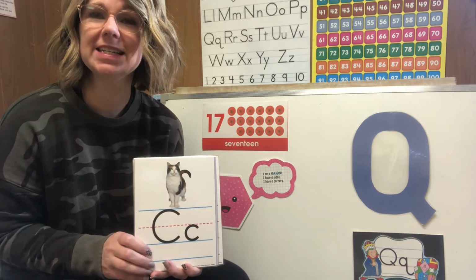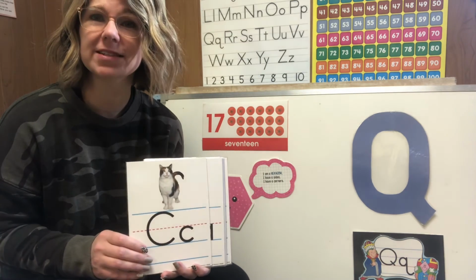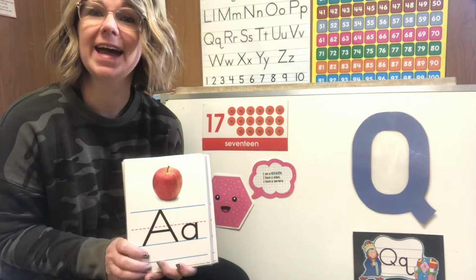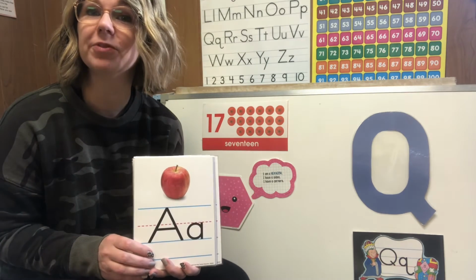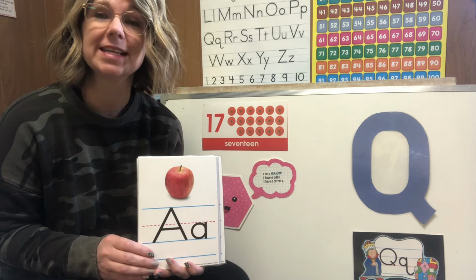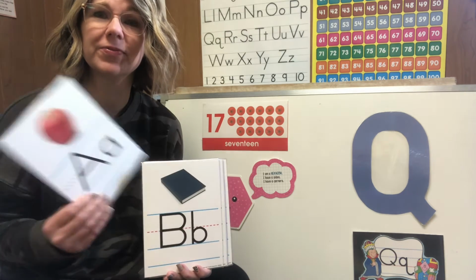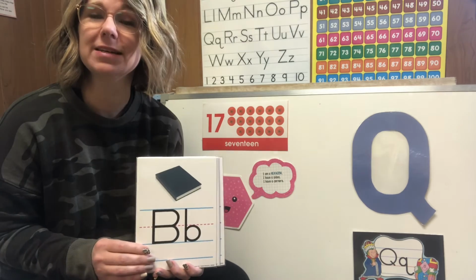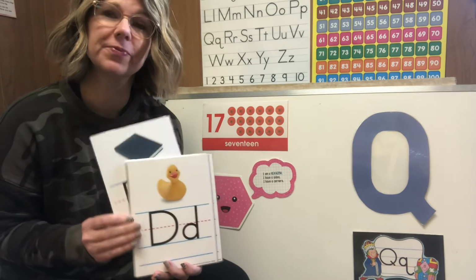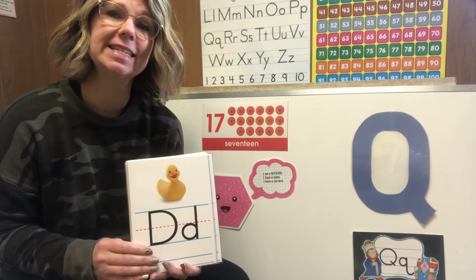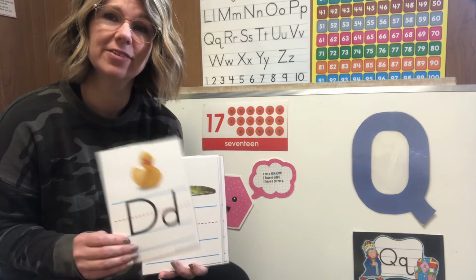C. C says ka for cat. A. A says a for apple, or he can say his own name. He can say A for acorn. B. B says ba for Bible. D. D says da for duck.